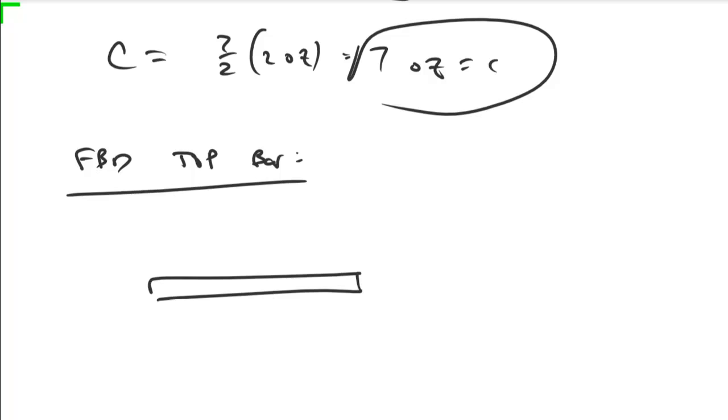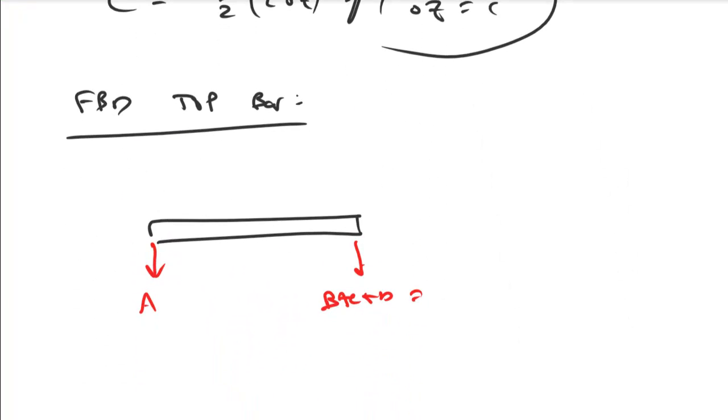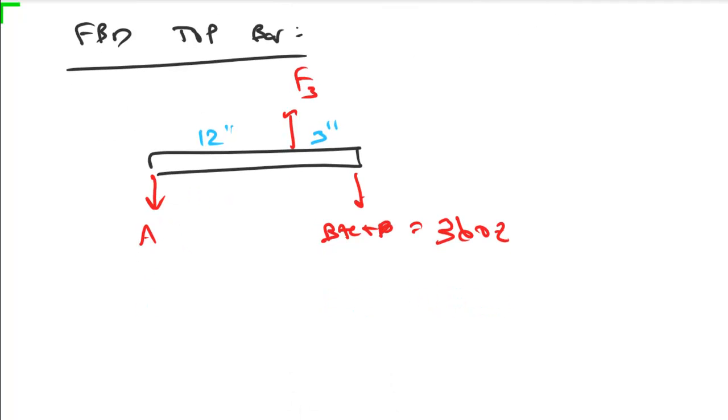We have fish A. We have here B plus C plus D, which is, what is that, 27 plus 2 plus 7, is that 36? 36 ounces. This is force 3 up here. These dimensions, this was 12 inches. This is 3 inches.